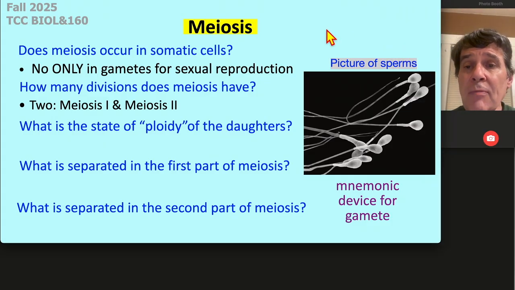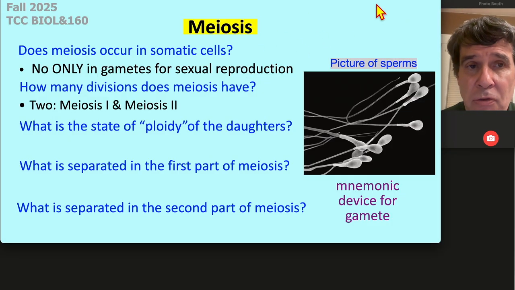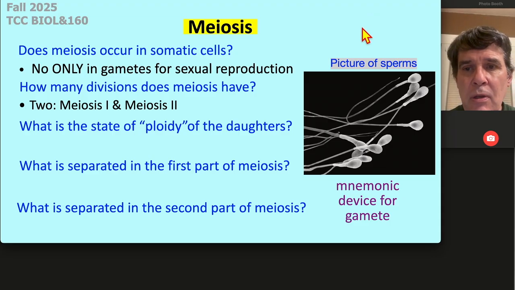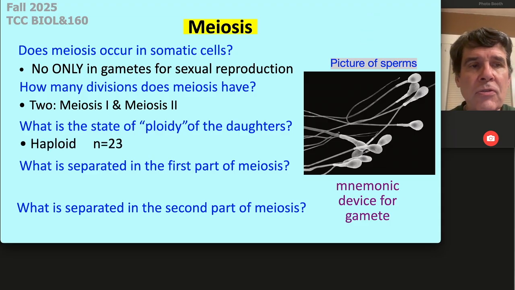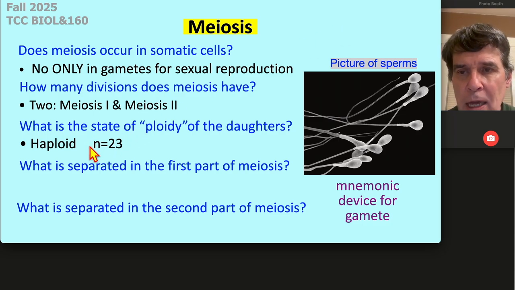What is the state of ploidy of the daughter cells during meiosis? That's right, the cells are haploid now, only 23 chromosomes and lacking the coefficient in front of the number n. And my point I keep repeating, what's separated in the first part of meiosis?